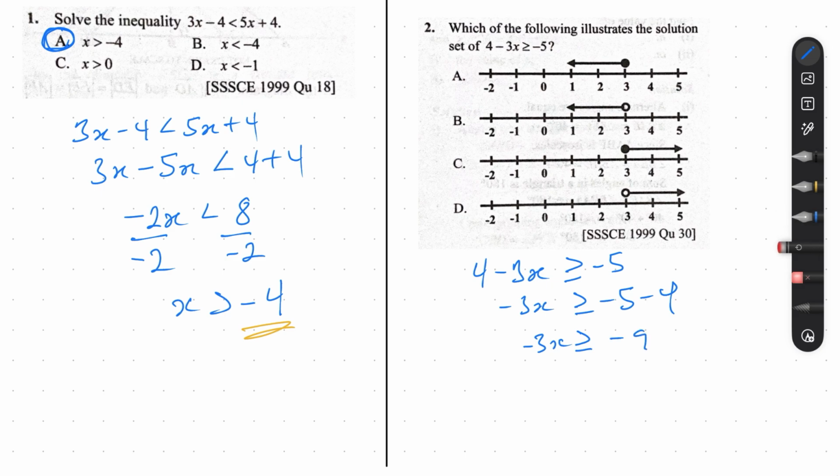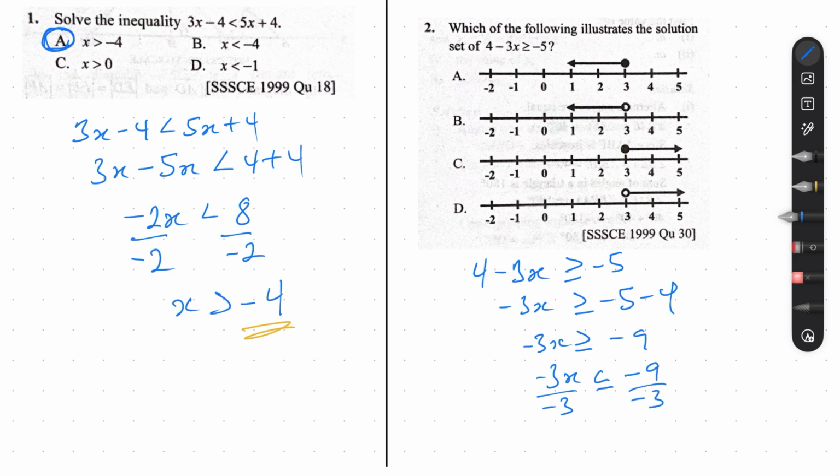So we divide both sides by what? Negative 3. So we can cancel out. But as we mentioned, when we're dividing by a negative, the sign would have to change, right? So let's do that. We have negative 3x over negative 3 less than or equal to negative 9 over negative 3.